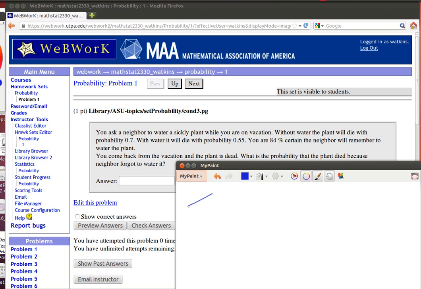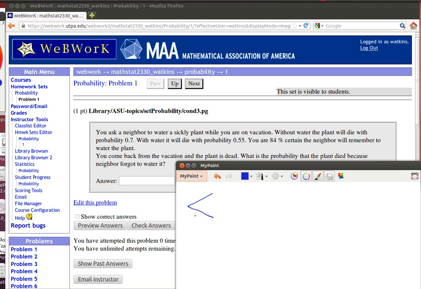There's a time that's going on. So the first thing that happens is either the neighbor waters the plant or does not. Let's look at the problem. Without water, the plant will die with a probability of 0.7.